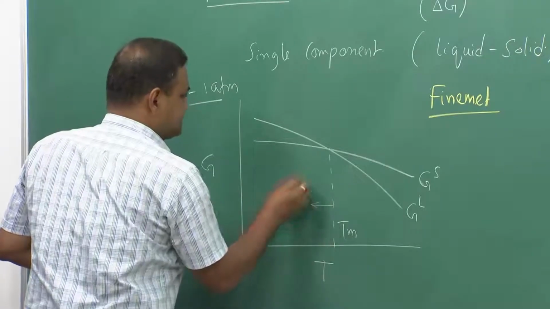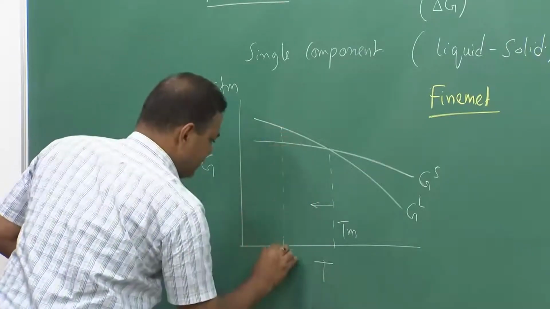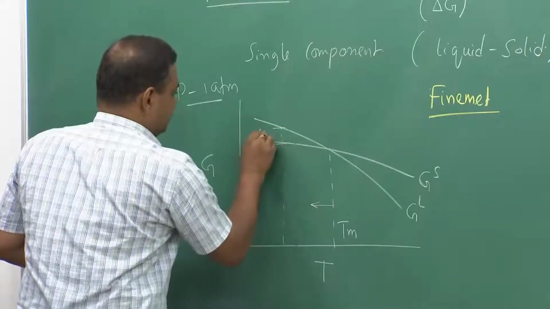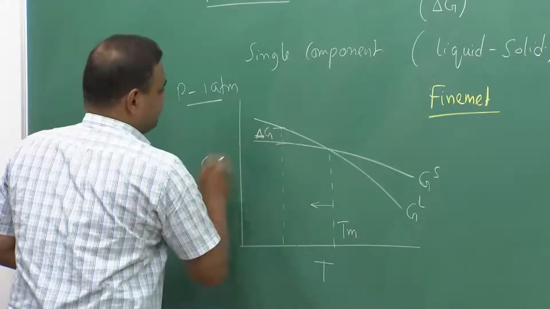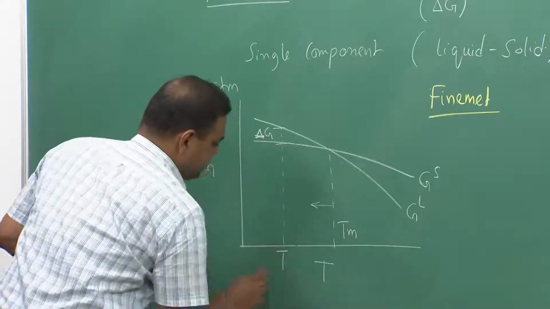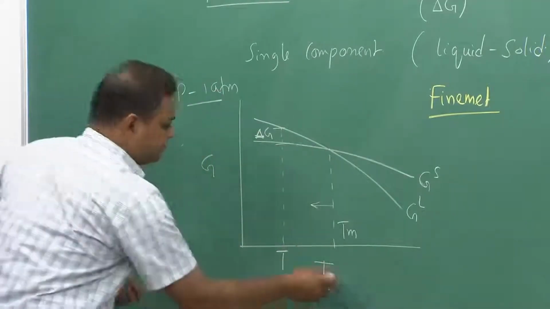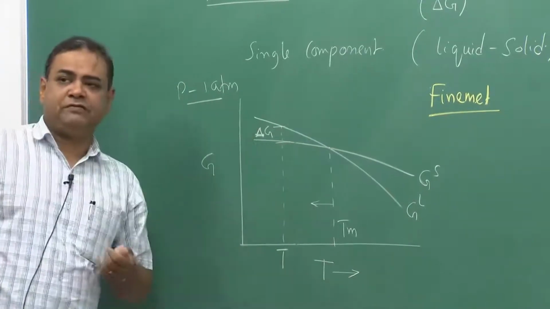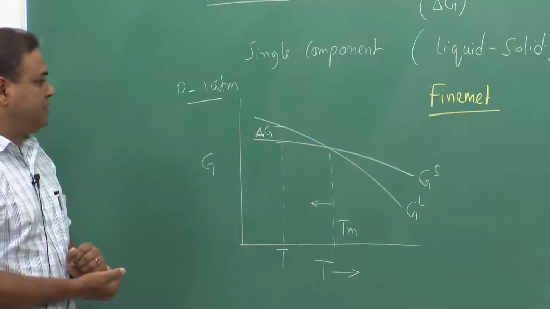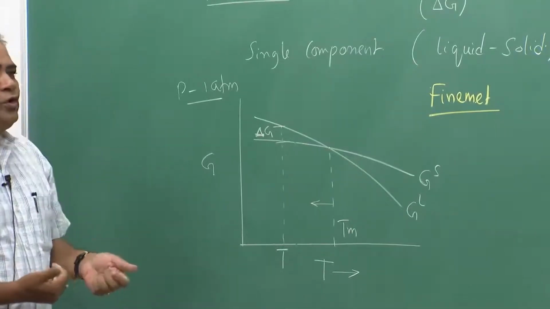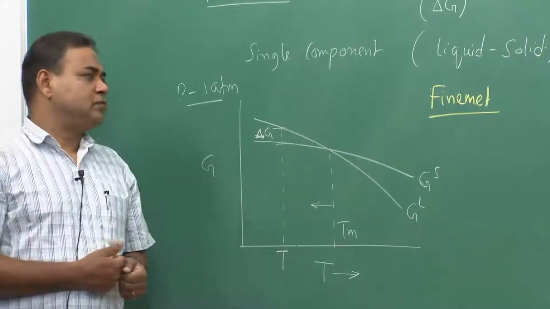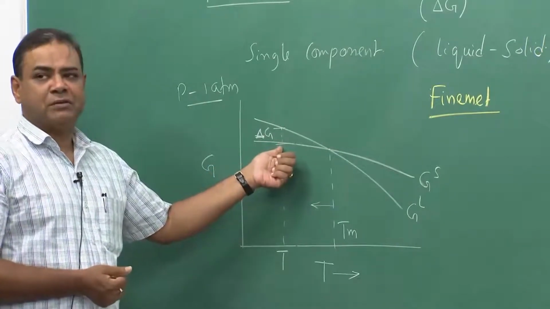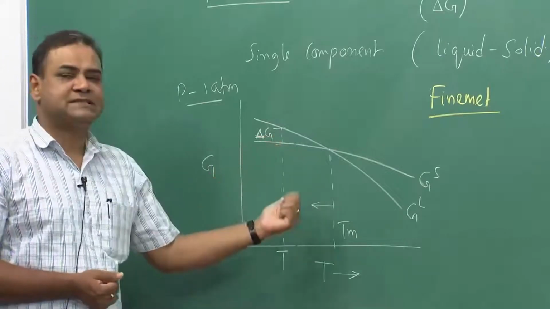This is my G S, this is my G L, and this is my T M. We need to find out, at any temperature less than T M, the free energy difference, if we can quantify this del G.